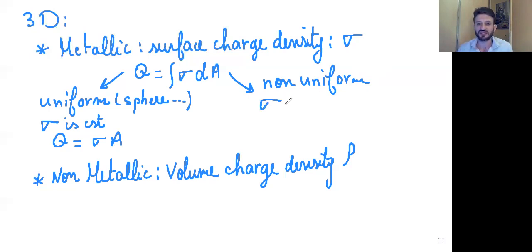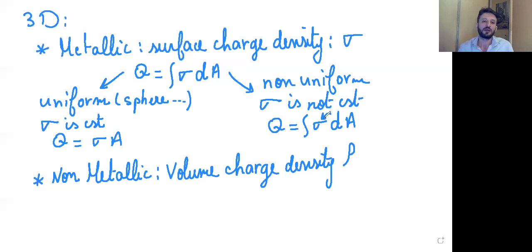In this case, sigma is not constant, and I give you some relation for the value of sigma. We get Q equals the integral of sigma dA. I give you the value of sigma, and we calculate the integral, and so on. We can use Gauss's law in your calculation. Okay, this is about the metallic object. You have two cases, uniform and non-uniform.